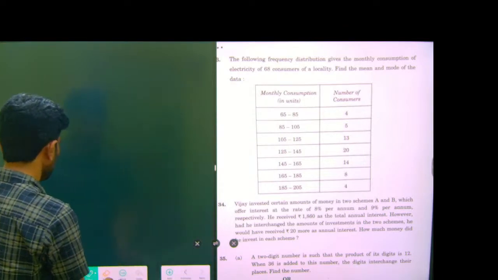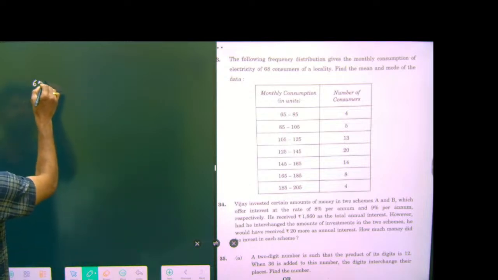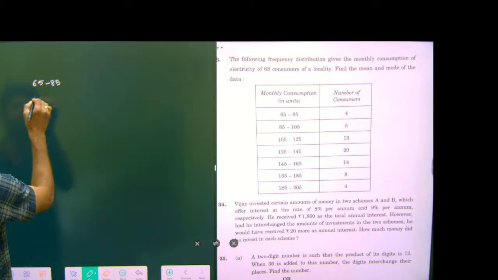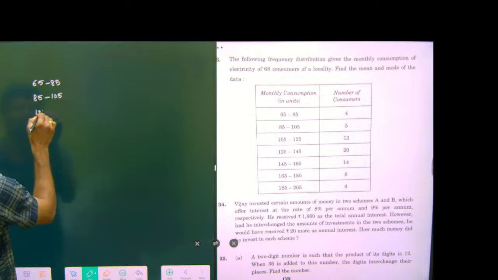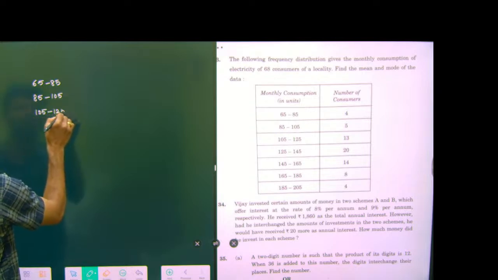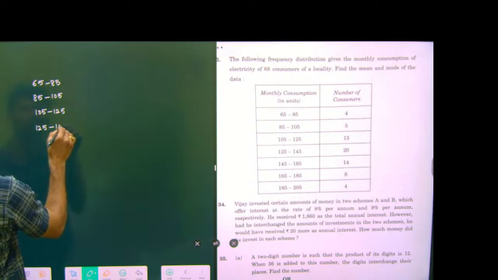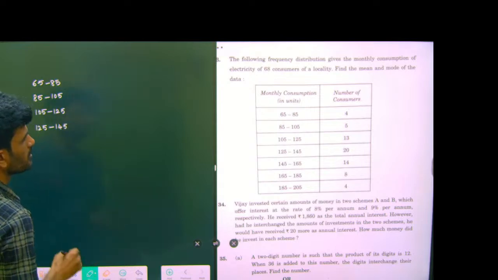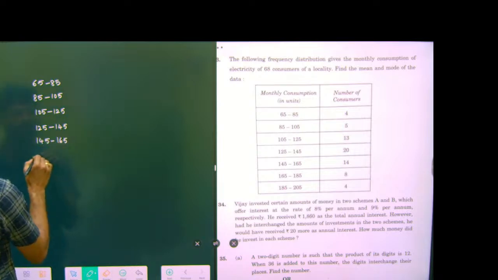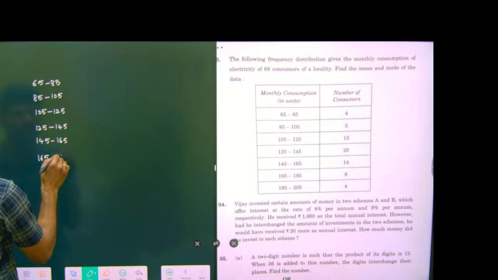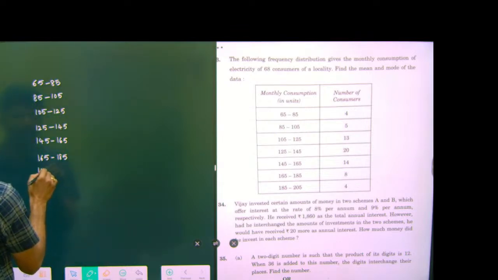So for this we need to draw the table. The class intervals are 65 to 85, 85 to 105, 105 to 125, 125 to 145, 145 to 165, 165 to 185, 185 to 205.